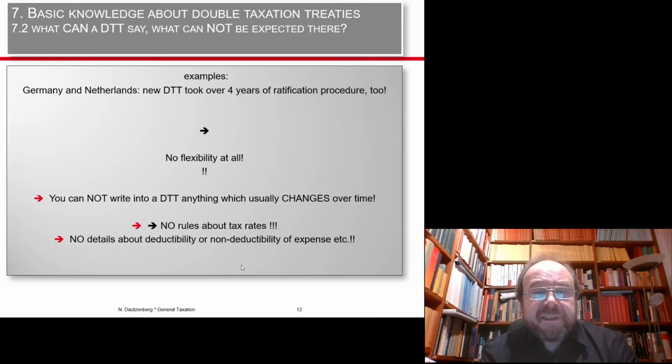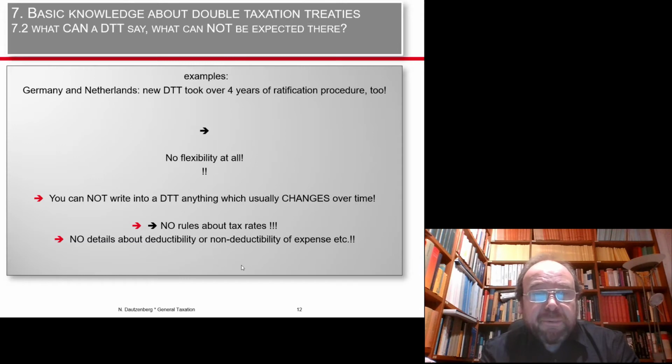The same applies to the deductibility of business expenses. Take a rule like: the American who is taxed in Germany on the profit from a German firm which he or she owns, and hospitality expense is only deductible with 70%.